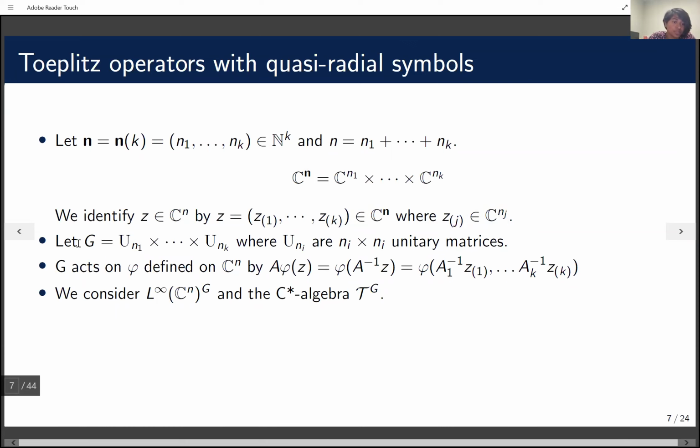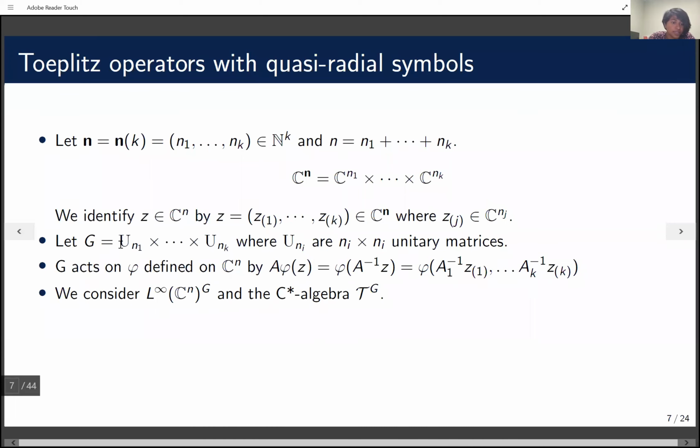Now we look at the group G, which is the product of these unitary groups U(n1) up to U(nk). So U(n1) is the unitary group for C^{n1} and so on. G acts on z by the usual action, which is also equal to the action on the components, because the group G is now the product of these unitary groups.